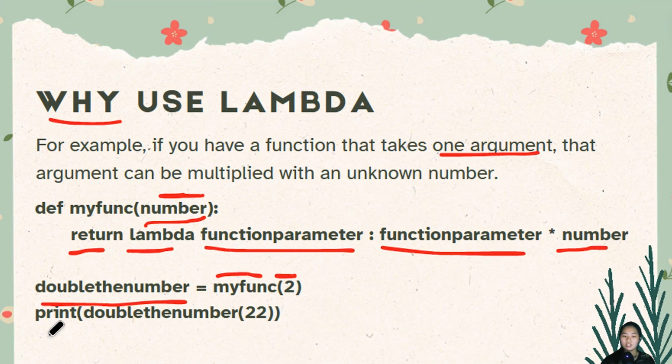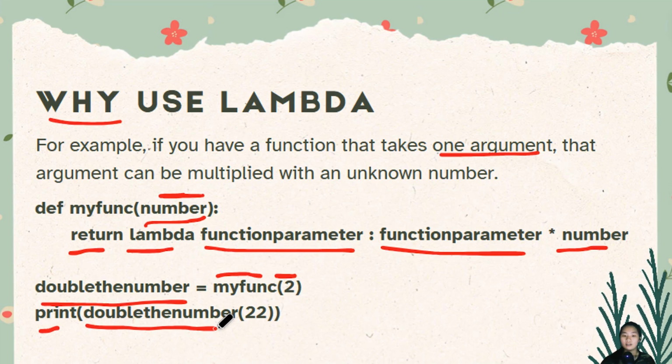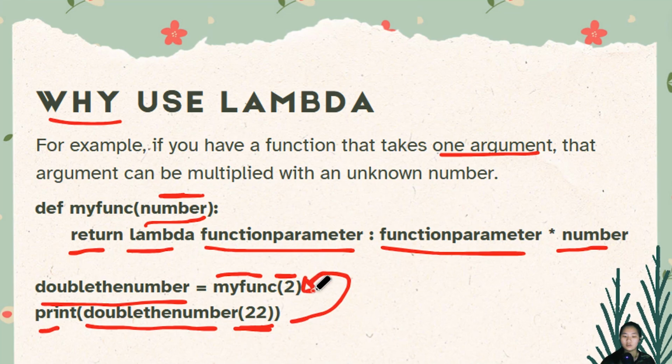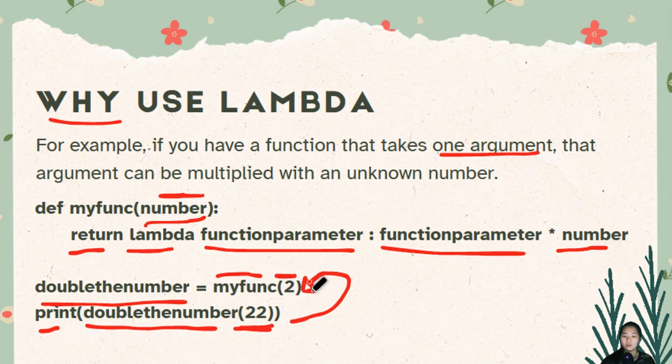This is where everything gets printed. Print, calling the variable double the number. Once you call the variable, you call the function, 22. So what this does is it takes 22 and multiplies it by 2. It will do whatever it needs to do with these two numbers according to what you typed out over here.